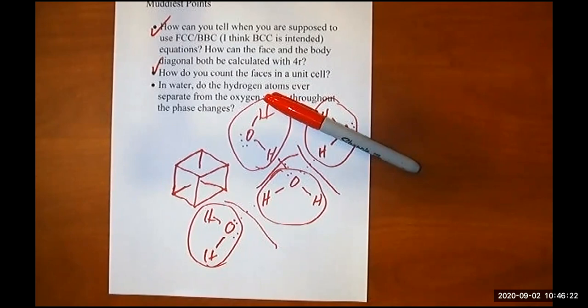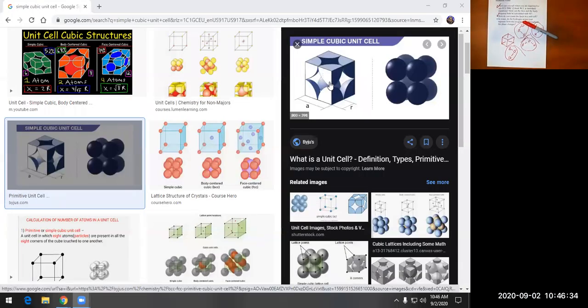From the chat: would you need to calculate the diagonal for the simple cubic? Well, let's see. If we come back here to this structure, the reason that we use the diagonals for the face-centered cubic and the body-centered cubic is that that's our only way to make the connection between the radius of the atom and the volume of the cube, the unit cell.